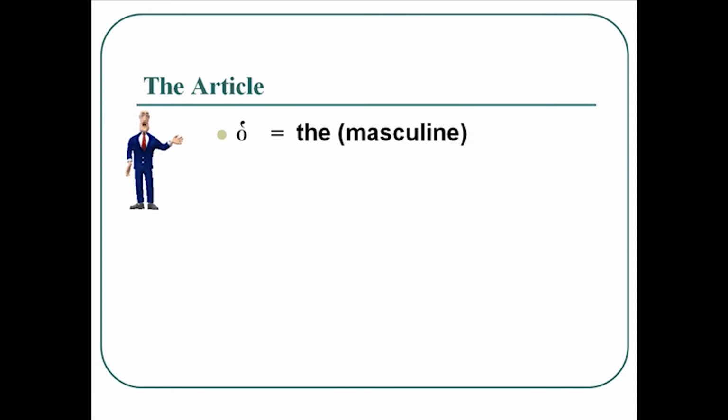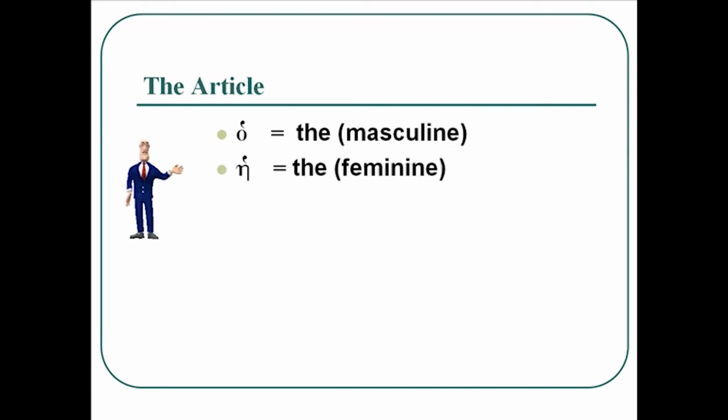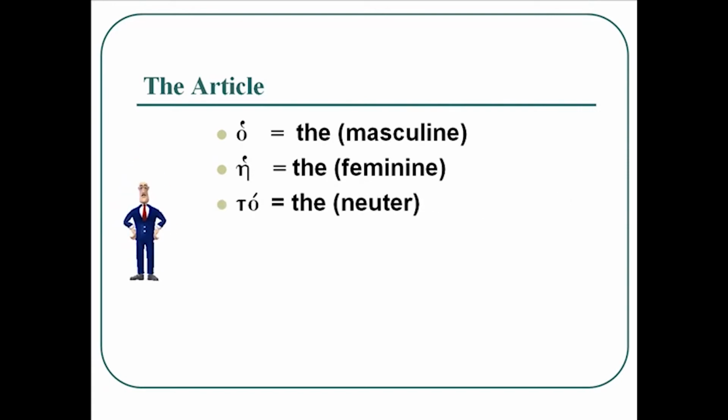Ho is the nominative form of the article, the, which is masculine. So we've seen on some of the nouns already that it has ho after it, which indicates that this noun is masculine. Hē is for the feminine forms. We'll learn those in the next chapter. To is the article for the neuter gender.